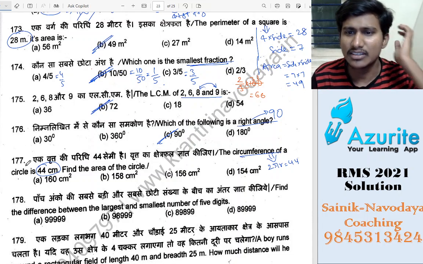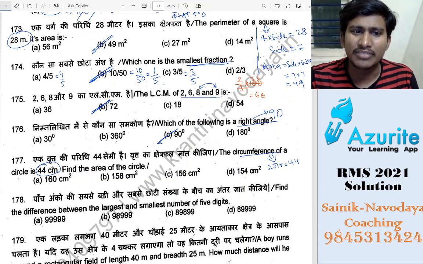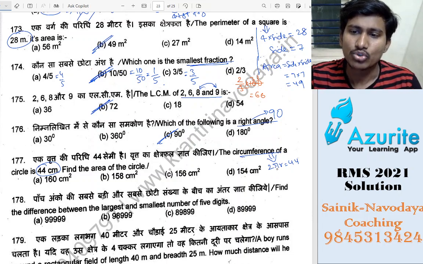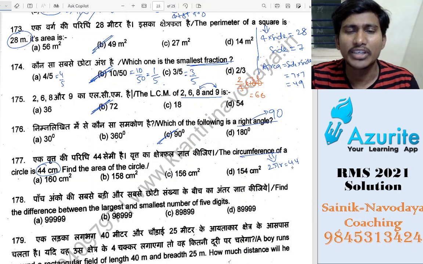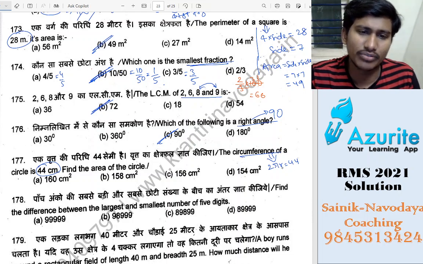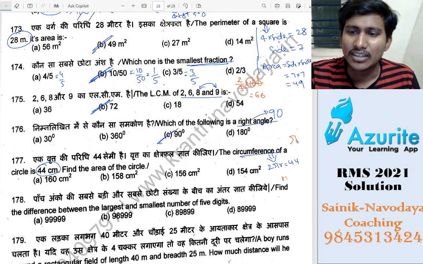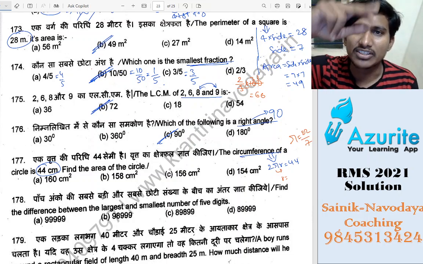Circumference is 44. How do you find it? 2 pi r. So 2 pi r is 44. So we have to find the radius first. Pi we know is 22 by 7. If you take that to the other side, it becomes the reciprocal.